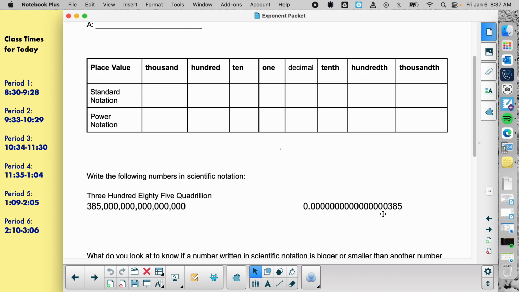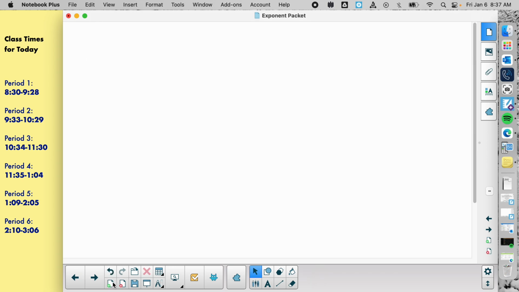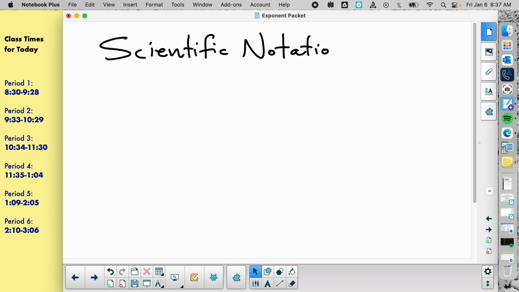Well, let's talk about scientific notation first. Maybe you want to put this up at the top of your page, or you can go on the previous page where there's a lot of space for definitions. I'm not going to go over the definitions with you guys. I don't think that's super important.